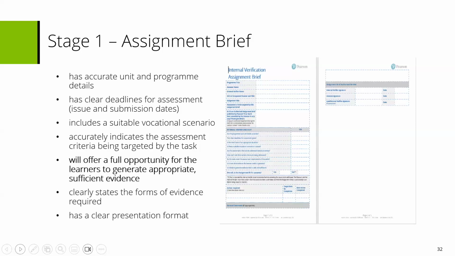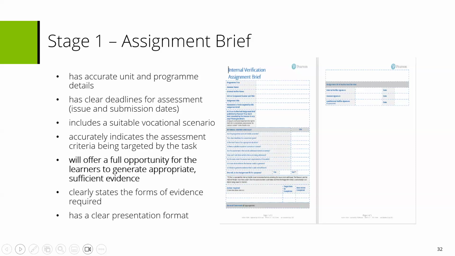You can see here a visual representation of the document that must be completed when you are internally verifying an assignment brief. The checks that you need to be making are, does it have accurate unit and program details on the assignment brief? Are there clear deadlines for the assessment, so issue and submission dates must be specified?